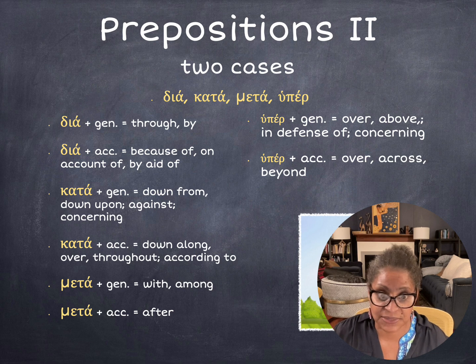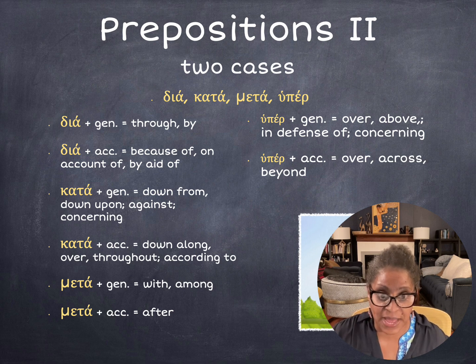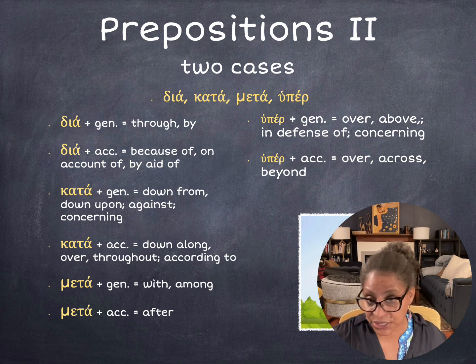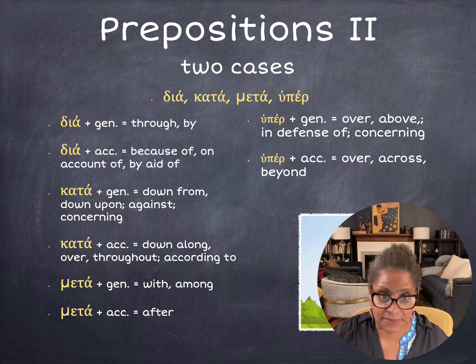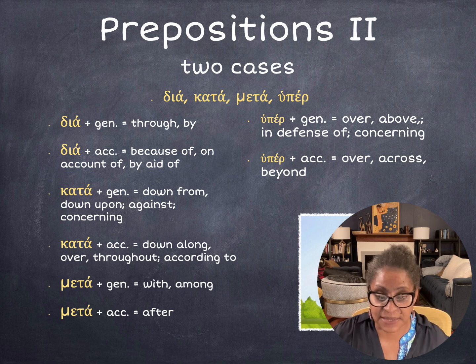Kata plus the accusative would mean down along, over, against, throughout, according to. Meta plus the genitive means with or among. And meta plus the accusative means after.